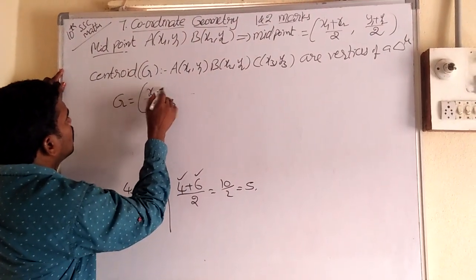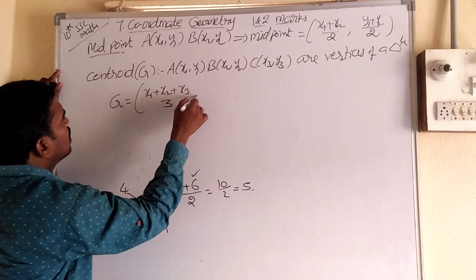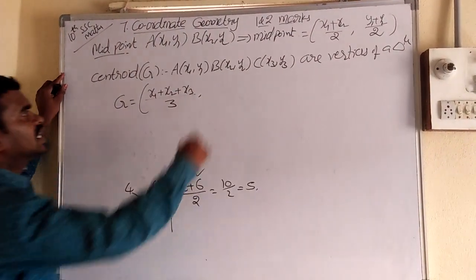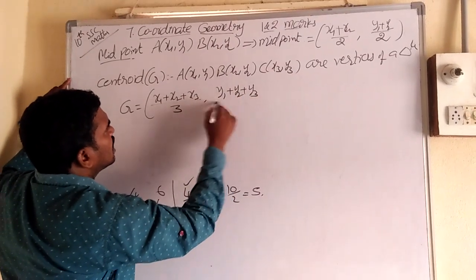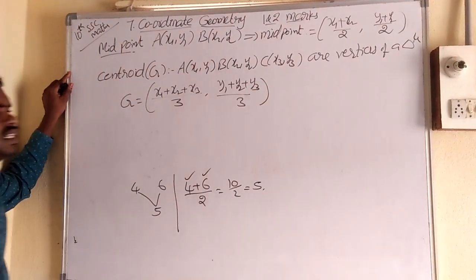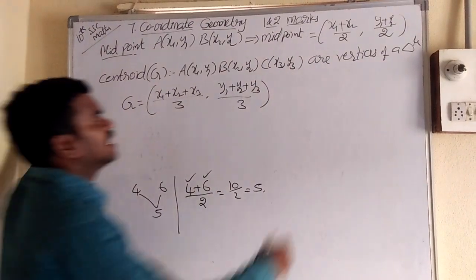So (x1 plus x2 plus x3) by 3, then next (y1 plus y2 plus y3) by 3. This is the formula for centroid.